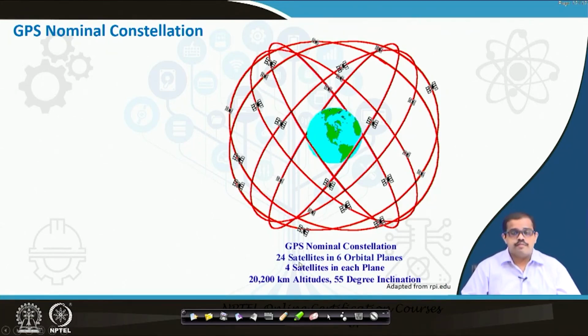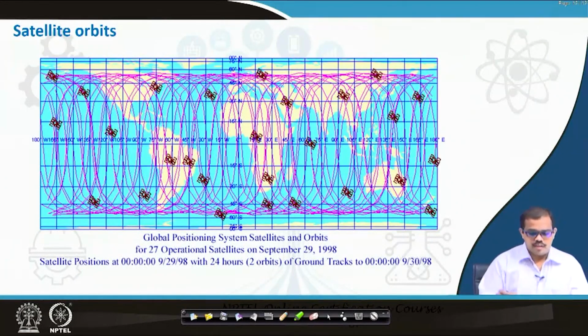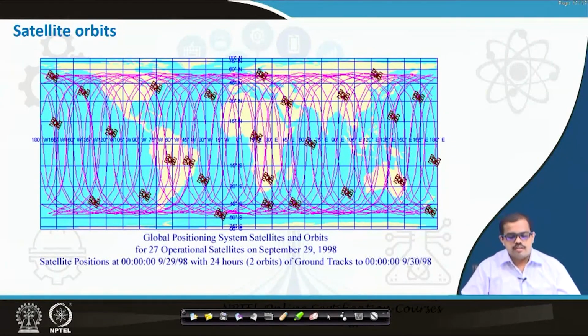Every satellite is at 55-degree inclination from the equator. So this is how the satellites orbit, and when you look at this entire system, at any point on the Earth's surface, you can see at least 4 satellites at that particular point of time. This was an image that was taken on 29th September, where 27 satellites were operational.